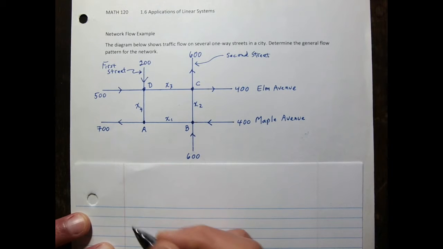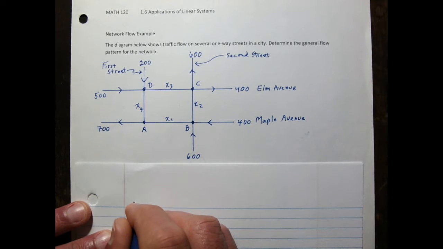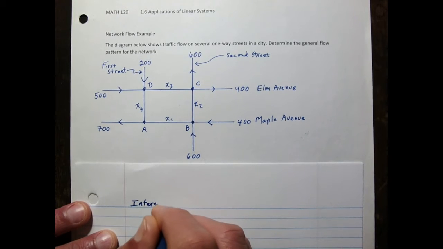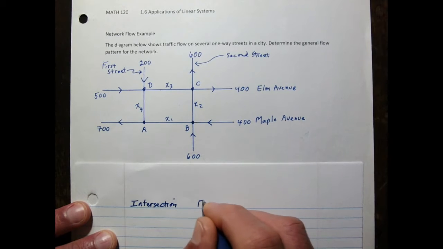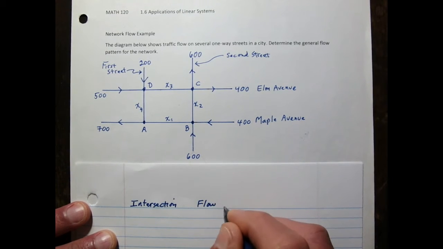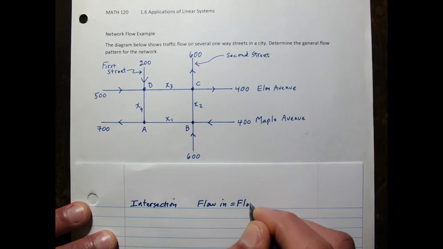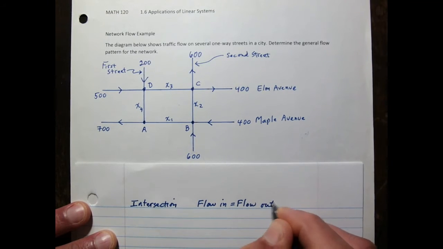What we're going to do is look at each intersection. We're going to set up an equation. And the only principle we're applying here is flow in equals flow out. That's how we're going to get an equation in each case.